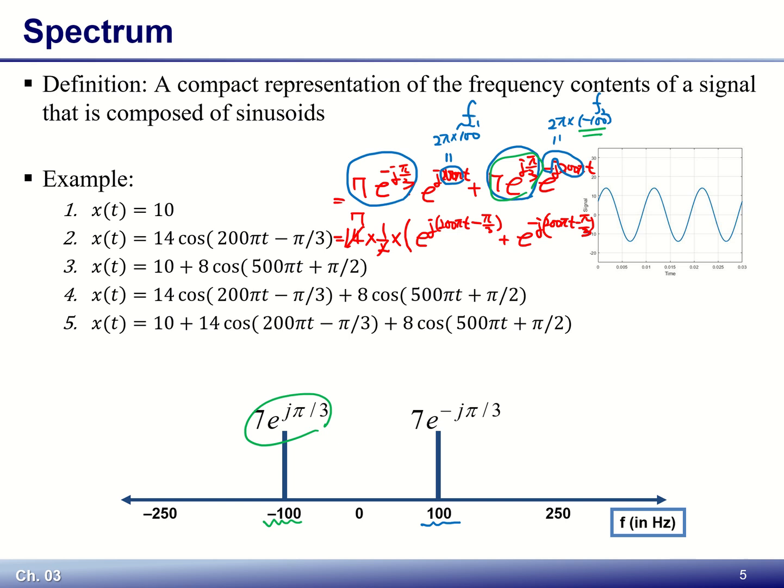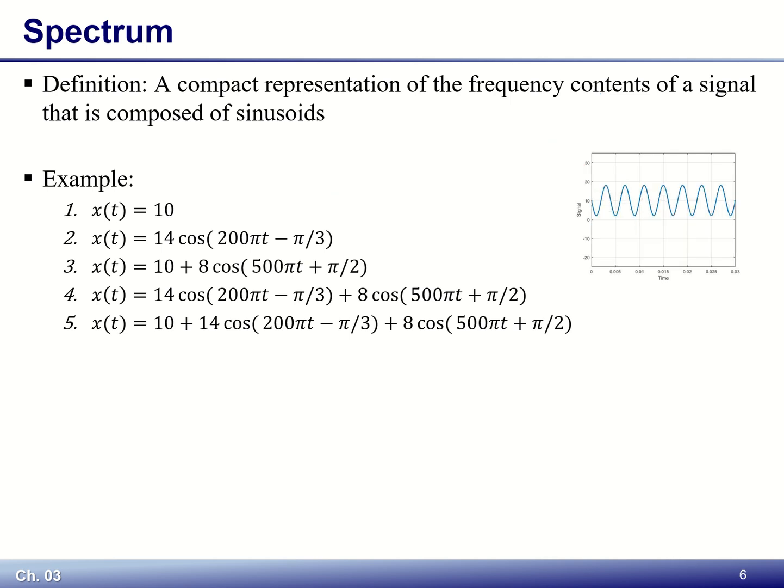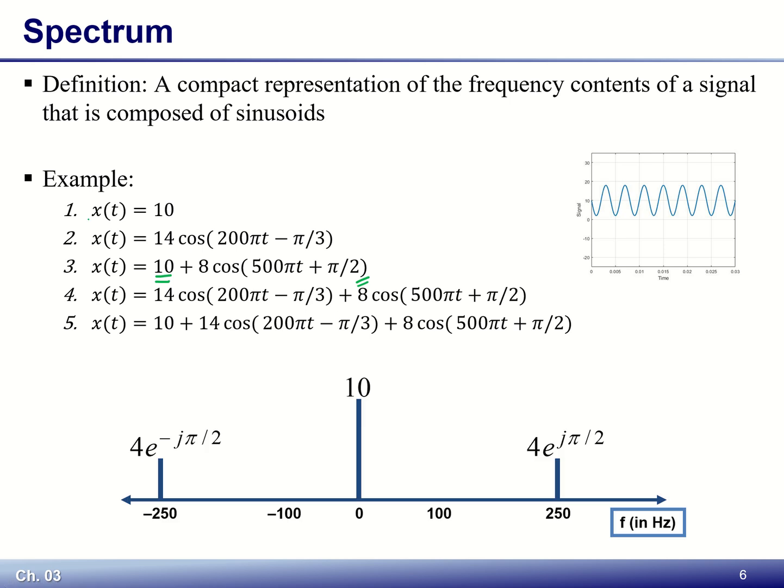Similarly, we can express figure 3 as 10 and 2 exponential portions: f is 0 here and 250, and minus 250 will be 4 exponential(minus j pi over 2).